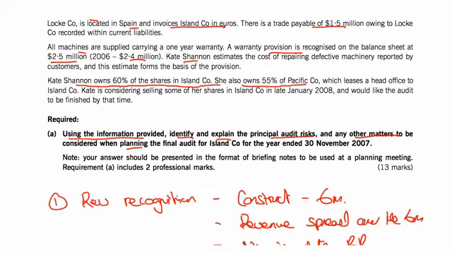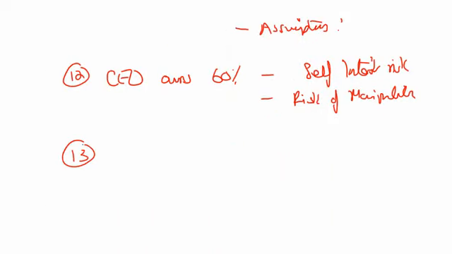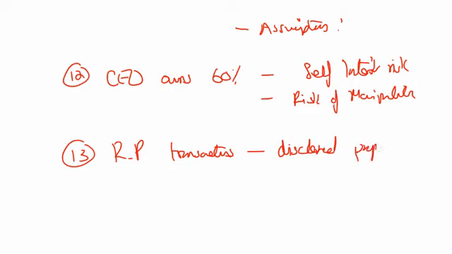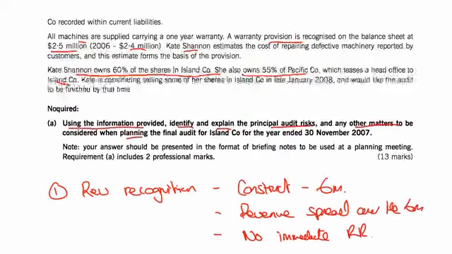She also owns 55% of Pacific, which leases a head office to us. So related party transactions. We need to make sure that they are disclosed properly. And that includes transactions, balances, nature of them.